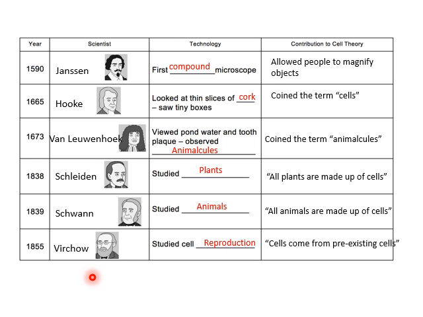So if you left a piece of meat out on a counter and next thing you knew there were maggots falling all over it, people just thought that the meat turned into maggots when it was rotting. So he was showing that no, this new life has to come from life that was already there. He figured out that he watched cells actually divide from 1 into 2, 2 into 4.